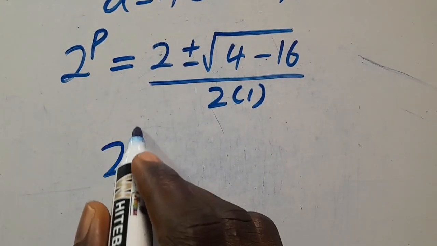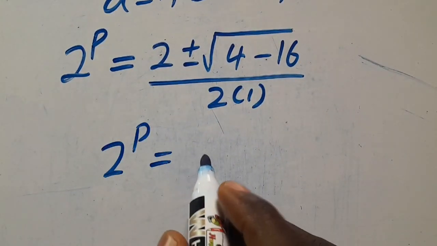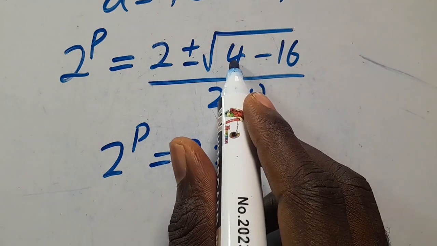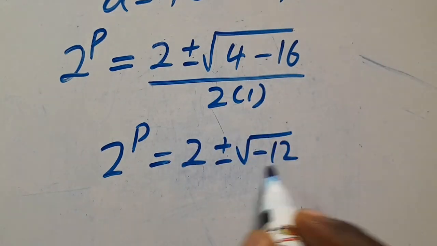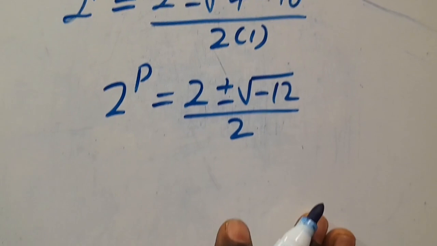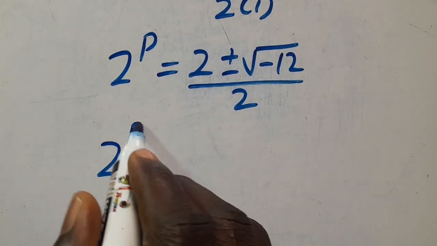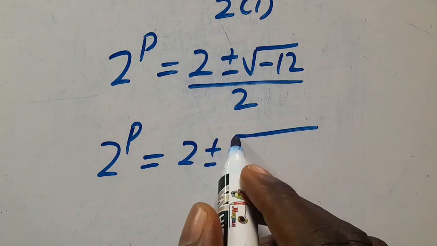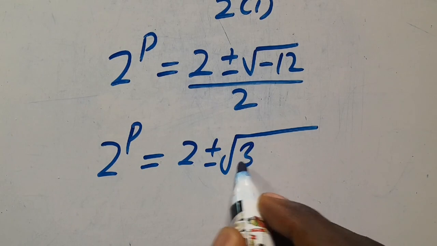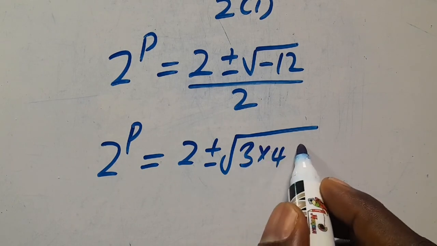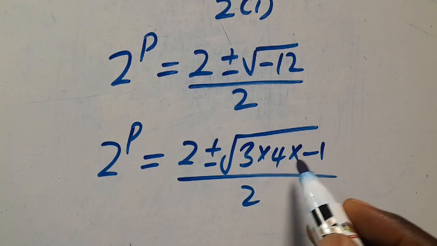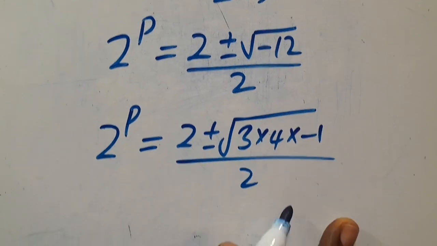So 2 to the power of p equals 2, positive or negative, root of 4 minus 16, which will give us minus 12, divided by 2. We can write this as root of 3 times 4 times minus 1, all divided by 2. This 3 times 4 will give us 12, multiplied by minus 1 will give us minus 12.